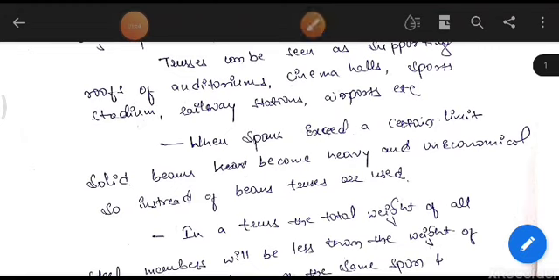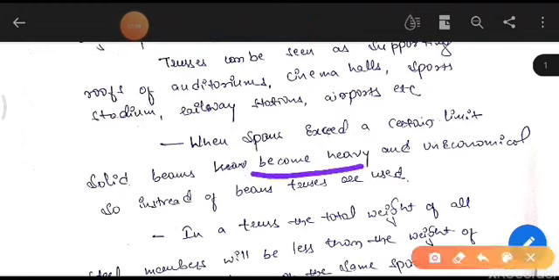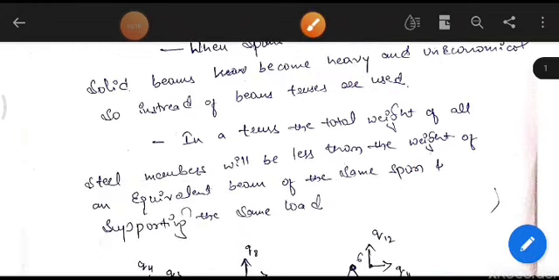Whenever there is a long span, we can't use a beam, because the beam becomes heavy and uneconomical, meaning it requires more cost to install. Instead of this we use trusses. It supports the same loading as the beam does.